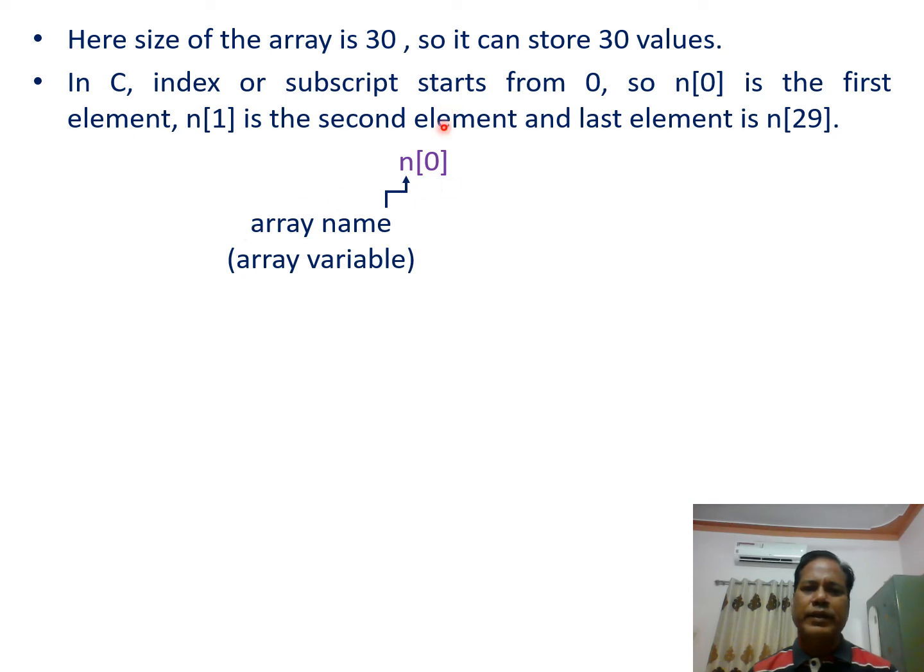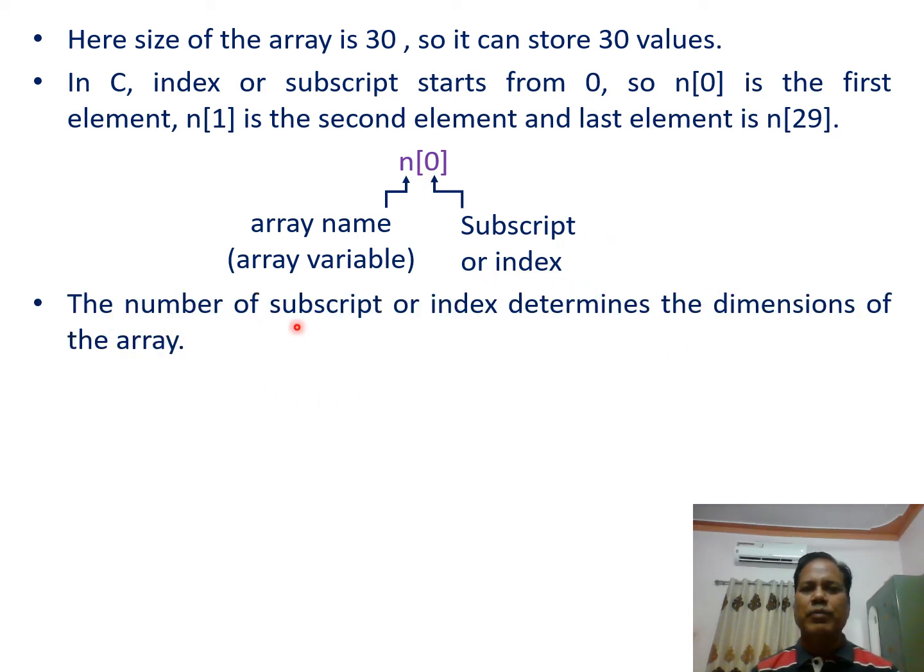In this, n indicates the array name, or we can also say it is an array variable. 0, or whatever number is in the square brackets after the array name, indicates the subscript or index number. The number of subscripts or indexes determines the dimension of the array.